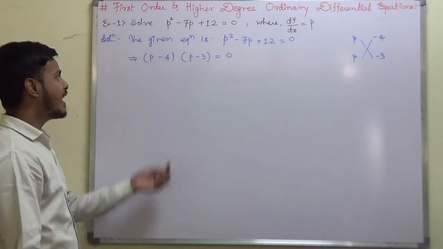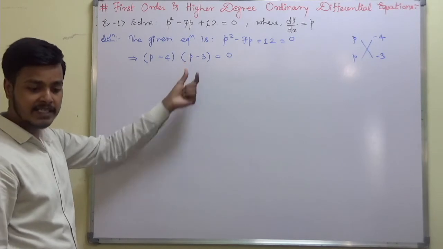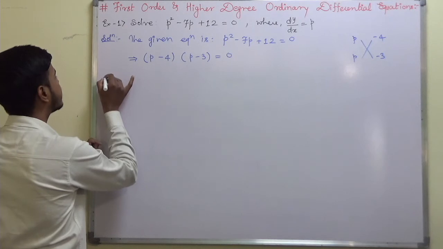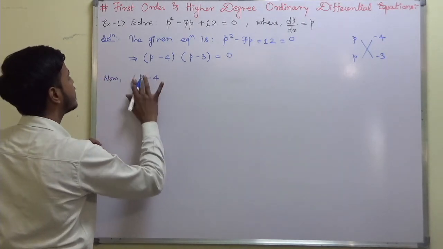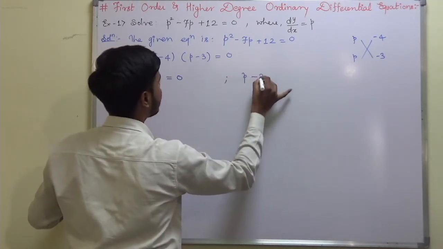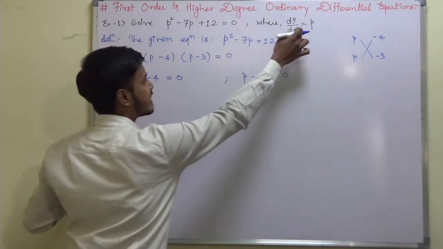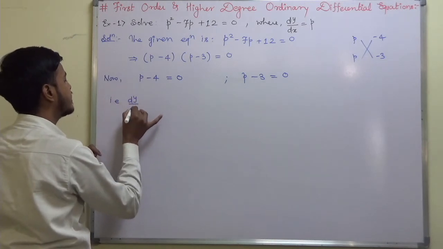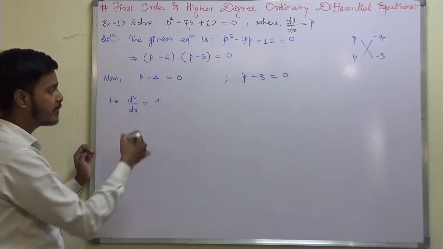Now, since the product is 0, I can take each factor as 0. So p minus 4 is equal to 0 and p minus 3 is equal to 0. What does p stand for? p stands for dy by dx. That is, dy by dx is equal to 4, which is variable separable.